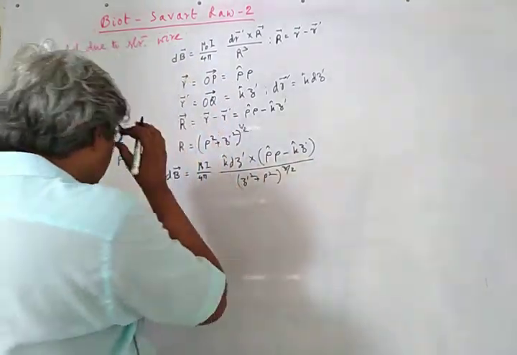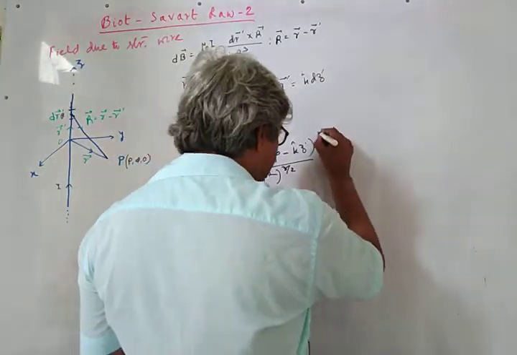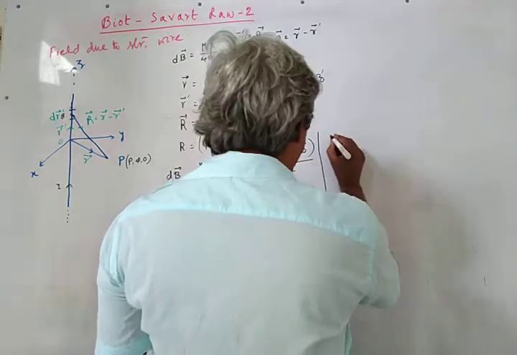The cylindrical coordinate system that has been adopted is a right-handed coordinate system.